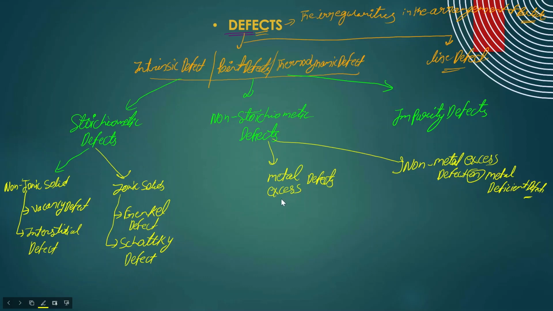Now here metal excess defect is also subcategorized into two parts: anionic vacancy defect, and this defect is called F center. And second is presence of extra cation in interstitial site.